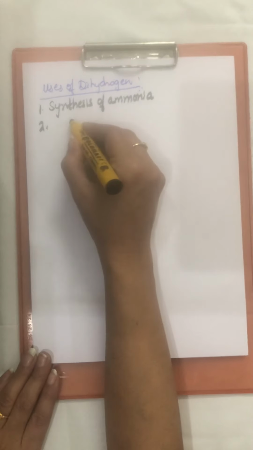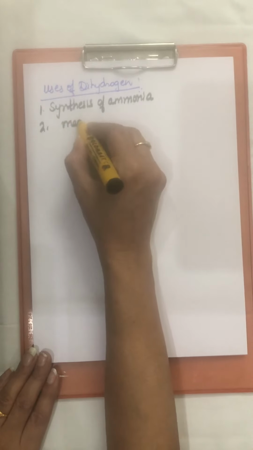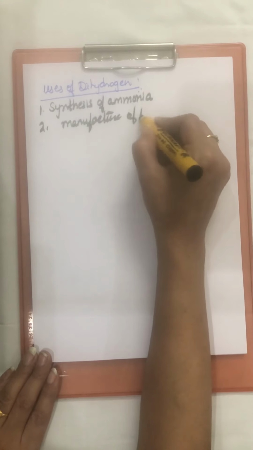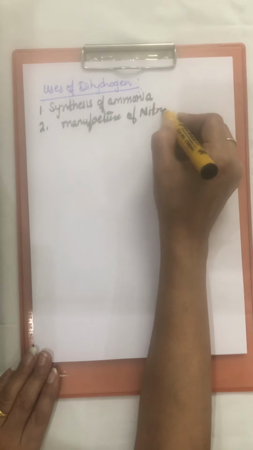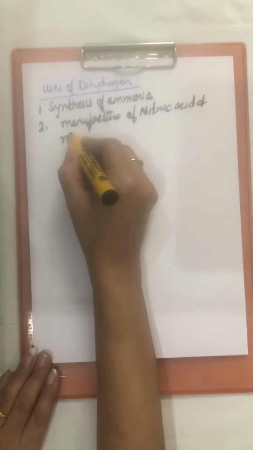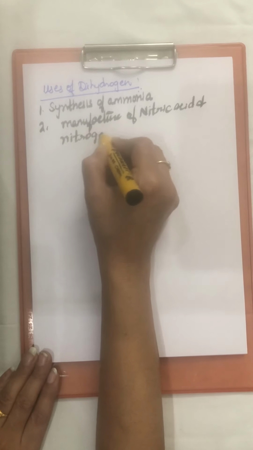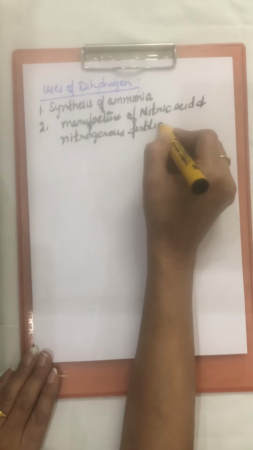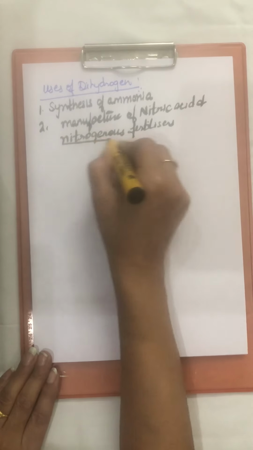Second use, it is used in manufacture of nitric acid and nitrogenous fertilizers, the fertilizers which have nitrogen.